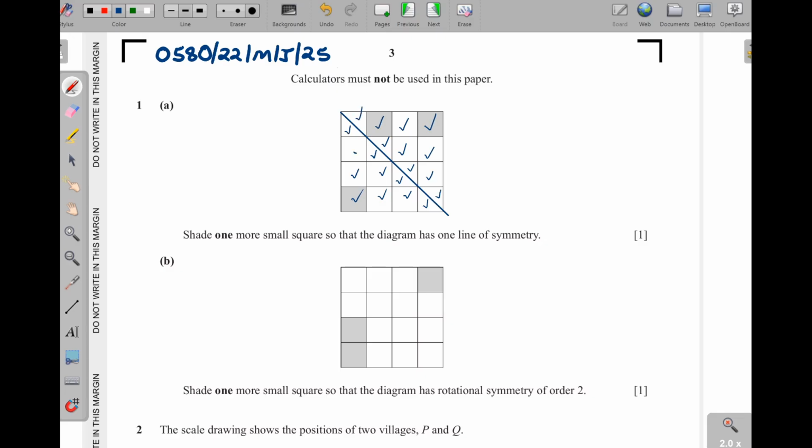Now this one has to fall onto this one here. But now this one is not shaded. So if this one is shaded, then this one must be shaded. So that means we shall shade only one here, and then we have our line of symmetry. You see that? So this simply implies that the one that we are supposed to shade is this one here.